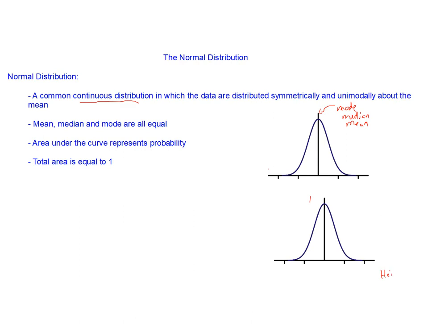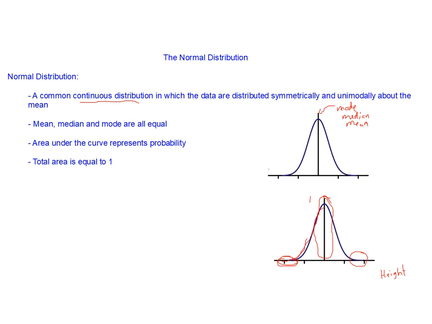If we're talking about frequencies, there are lots of people in the middle, of average height, and a small number of people that are very, very tall, and a small number of people that are very, very short. Those are characteristics of a normal distribution. You get this kind of graph.